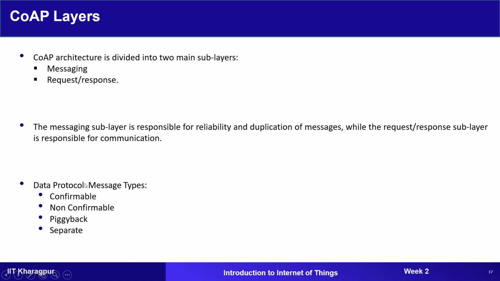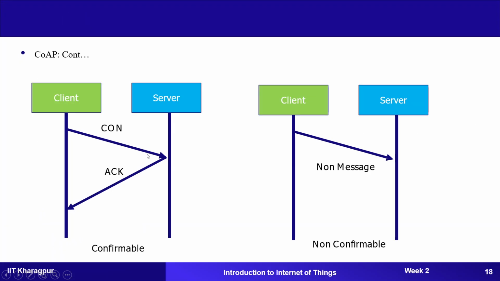Now the different types of messages that are exchanged between your IoT devices in case of COAP are categorized into these categories. First one is confirmable, second is non-confirmable, third is piggyback, fourth is separate. First, confirmable. As the name suggests, in these kinds of messages we are going to get some confirmation.